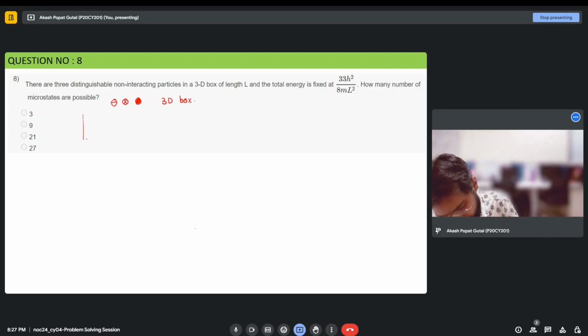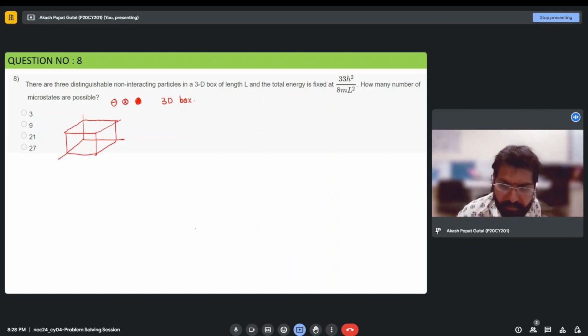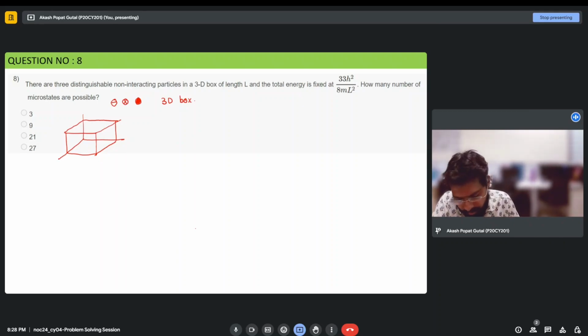We know that for a particle in a 3D box, we have quantum numbers nx, ny, and nz.